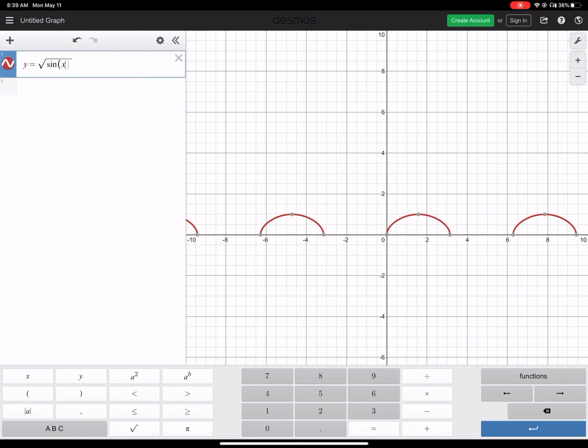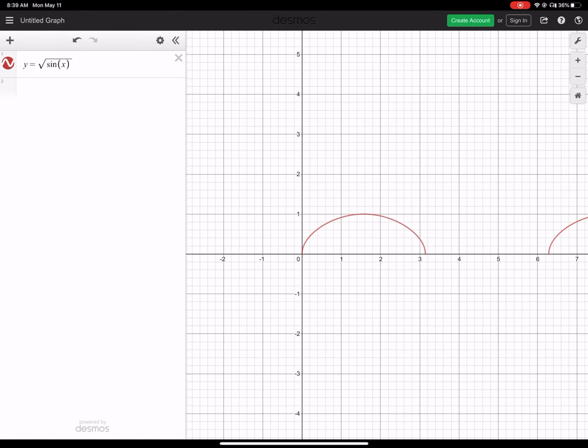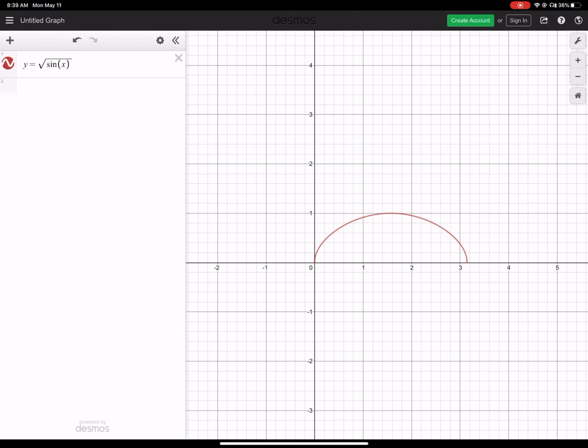We're going from 0 to pi. If I click here, you can see that as pi. Let's zoom in a little bit. The region would be everything under the red arc here and above the x-axis, kind of like that egg shape I was talking about in the introduction.